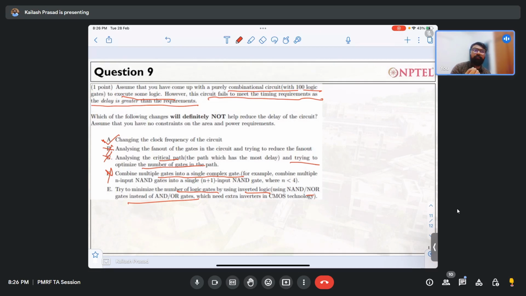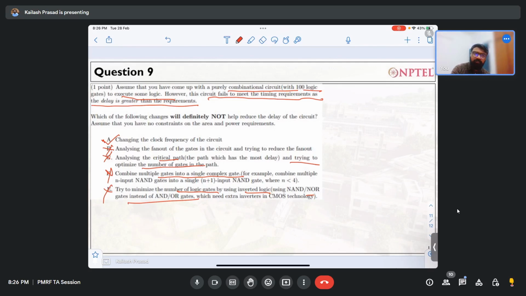So this will also help us in reducing the delay. So this is also not the answer. The only answer which will not help us in reducing the delay is the clock, because clock is an external signal. Anything else which has been discussed over here will in some way help in optimizing the delay of the circuit. Now if I'm talking about clock, you have to talk about the sequential circuit.